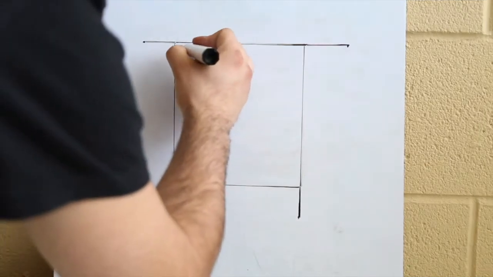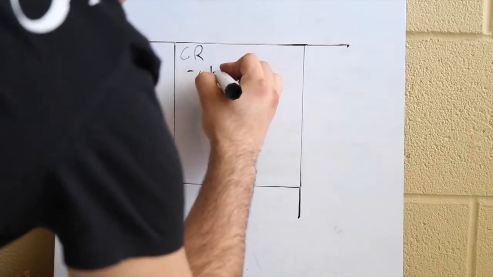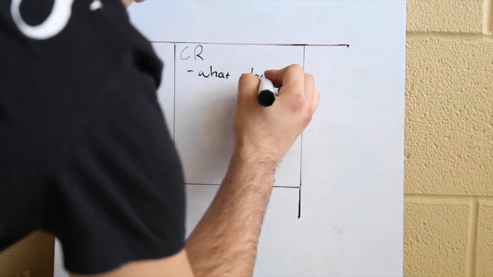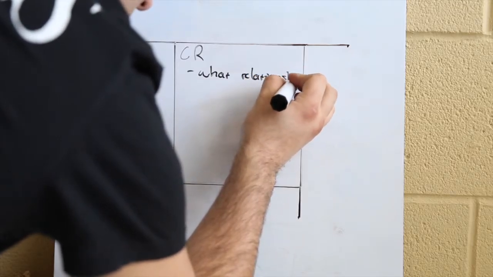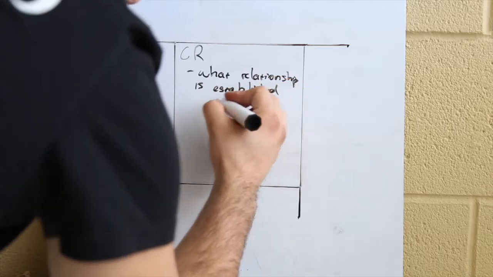The next building block in the business canvas is our customer relationships. The definition we have here is what relationship is established with each customer segment. In Apple's example, the relationship that they're trying to establish with their customers is an intimate and supporting one.